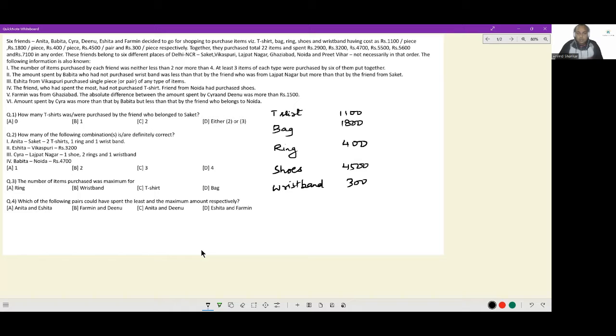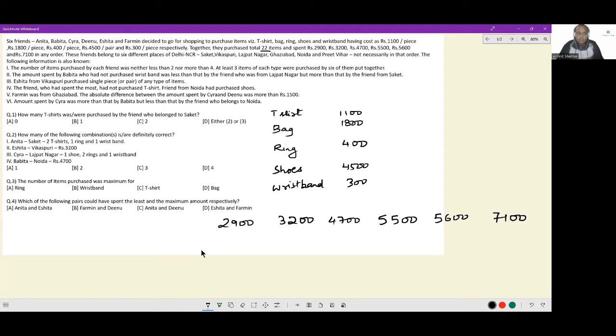Together they purchased a total 22 items and spent rupees 2900 and 3200 and 4700 and 5500 and 5600 and 7100 in any order.